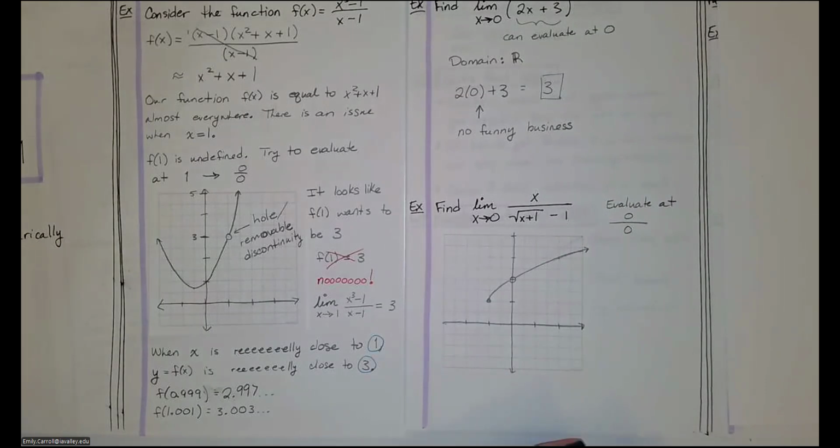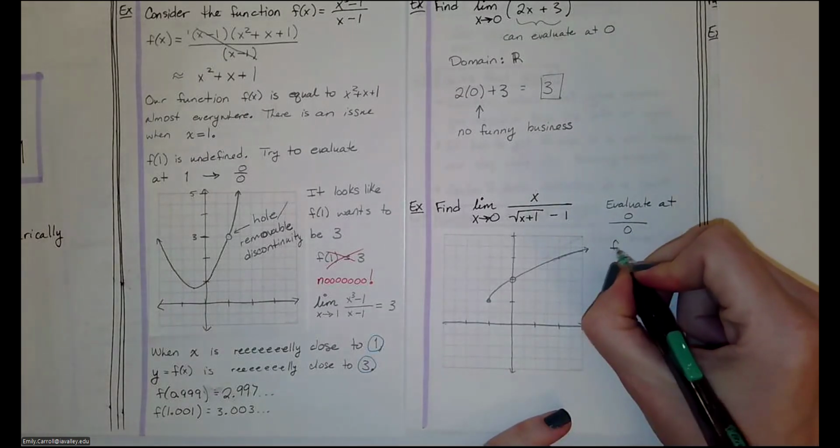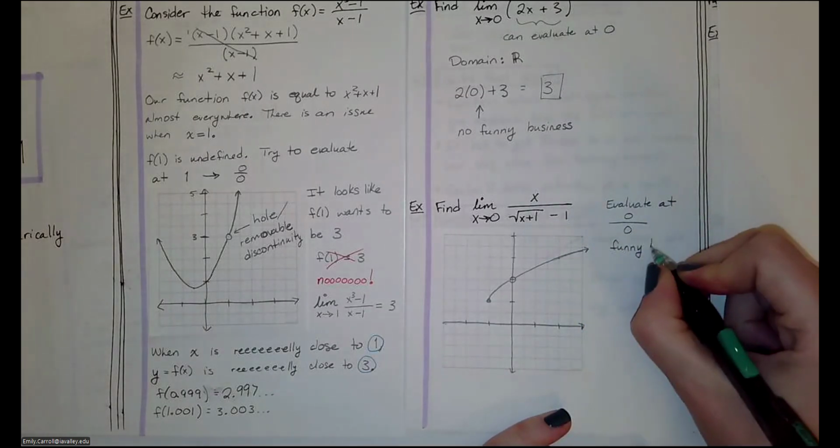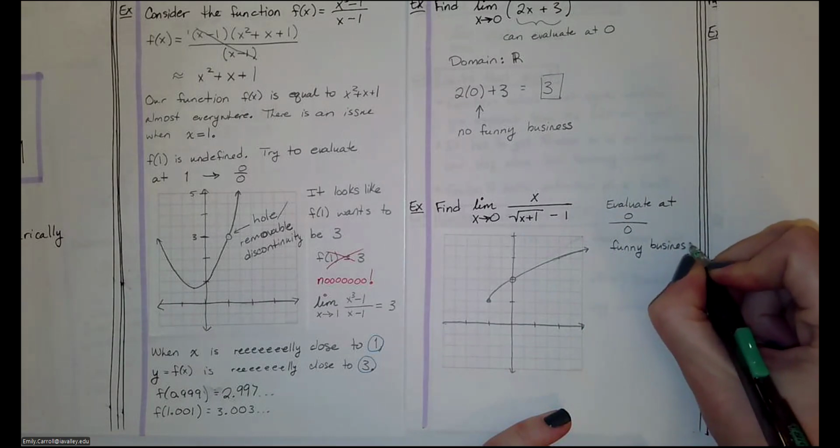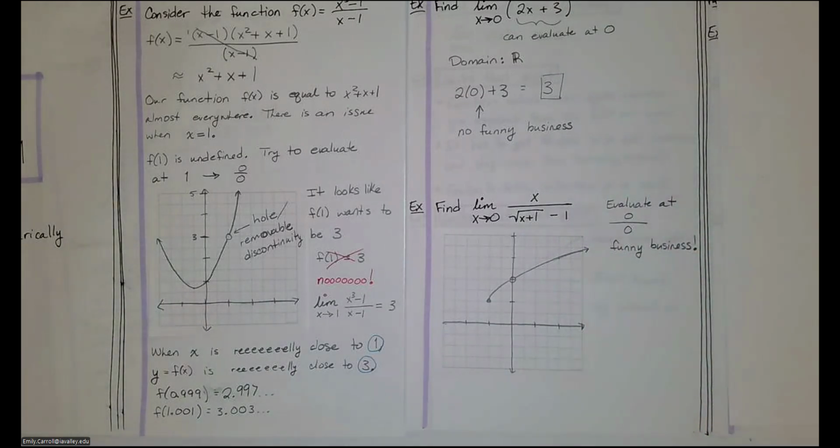Get 0 over 0, and 0 over 0, that is funny business. Okay, so you could do this graphically or numerically, whatever method the question might be asking for. I'm showing the graph here so that we can see that as x is getting close to 0, we have a hole that shows that the y value is wanting to get close to 2.